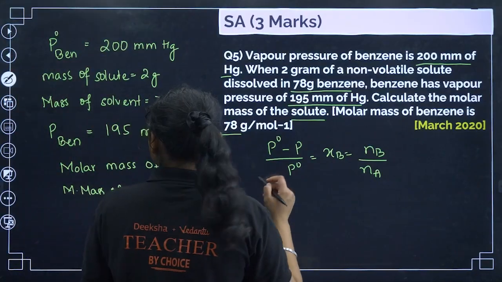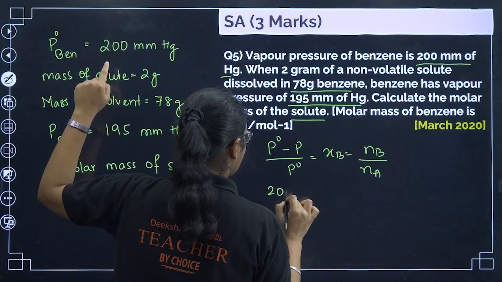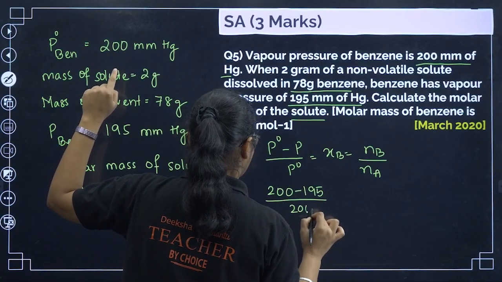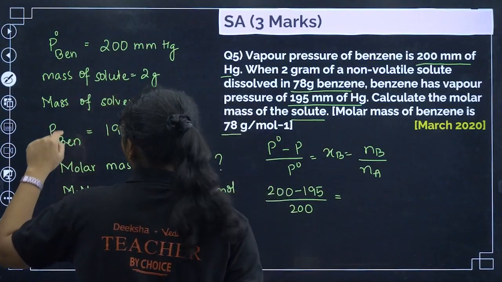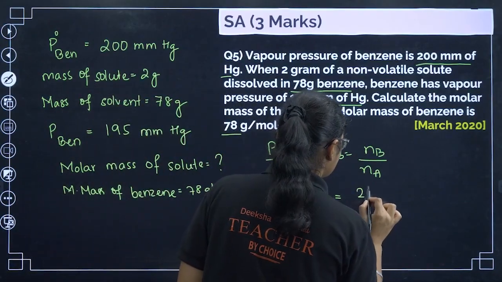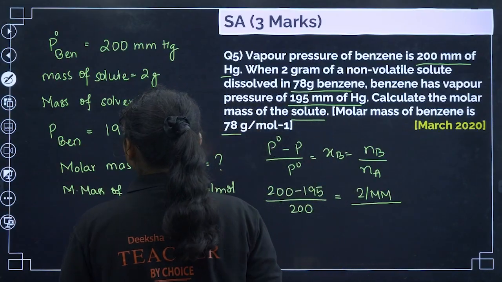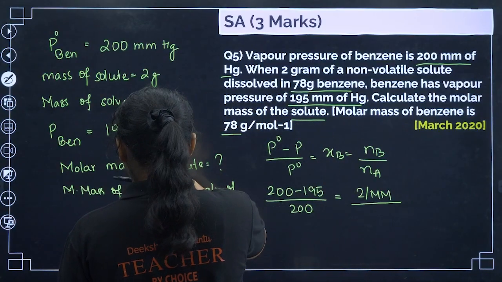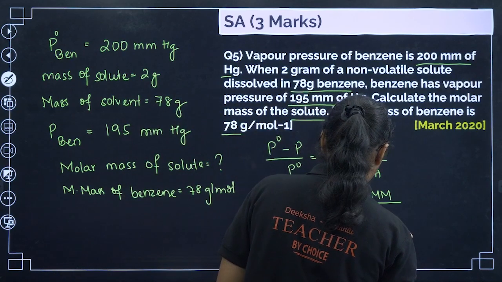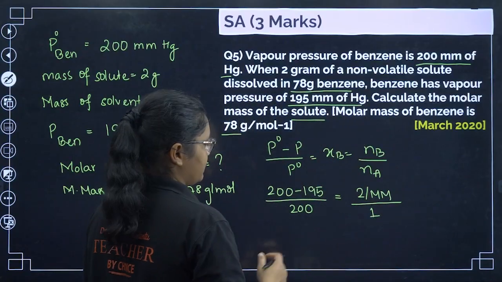So now the value of P naught is 200, minus 195, divided by 200, is equal to number of moles of solute, that is 2 divided by molar mass, and number of moles of benzene is 78 by 78, that is 1. Now we can solve it.